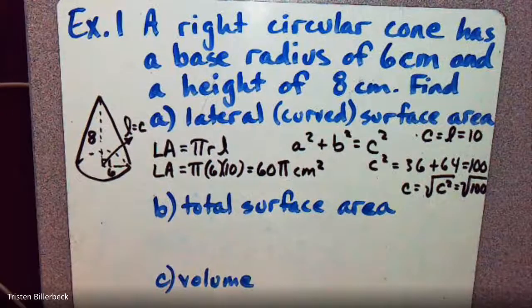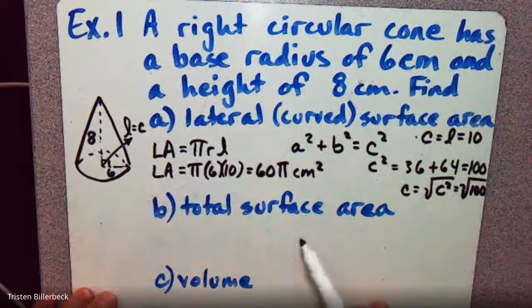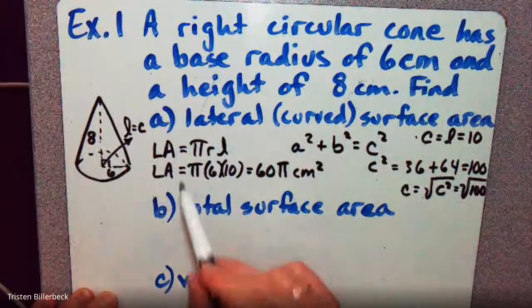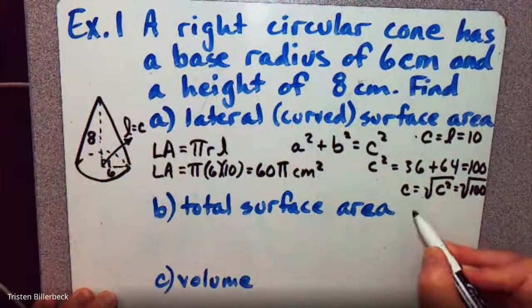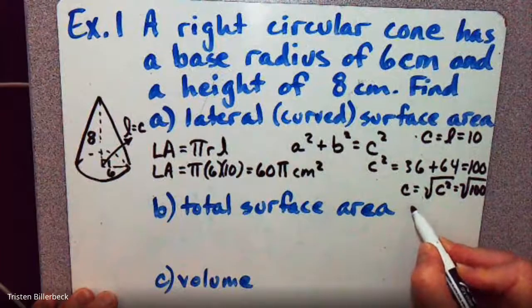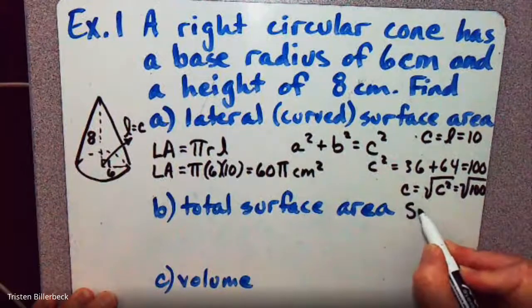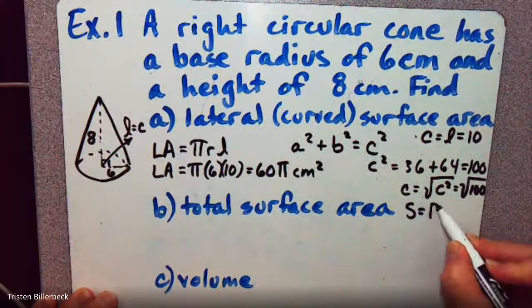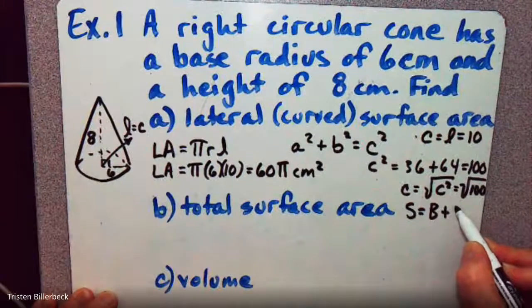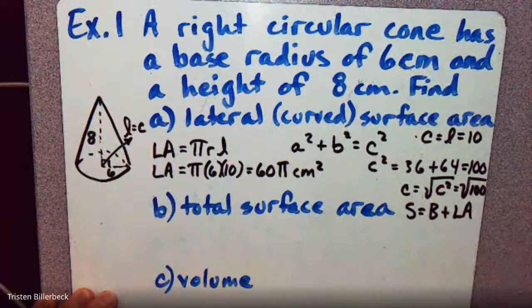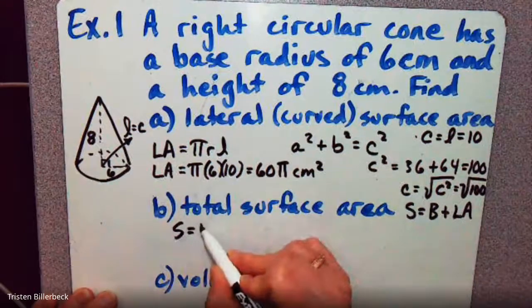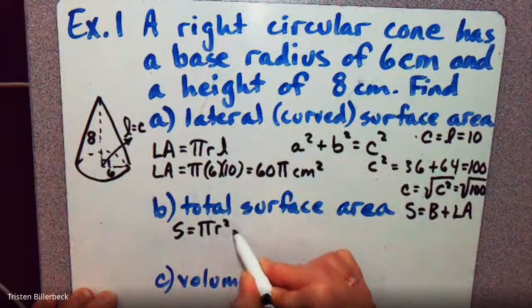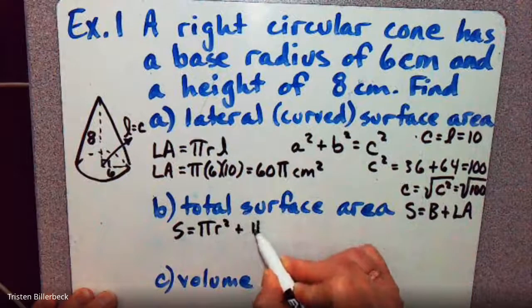Okay, so that gives us lateral surface area, but total surface area means we have to take the lateral surface area plus the base area. So another formula for that might be total surface area equals the base area plus the lateral area. So that might be a way to remember it as well. So if we look at total surface area, our base area is pi r squared plus pi rl.